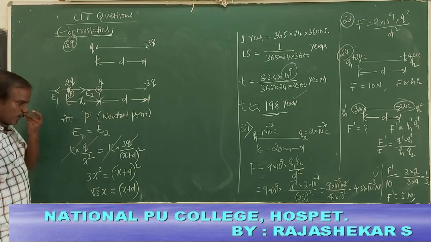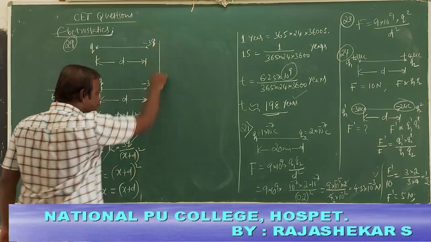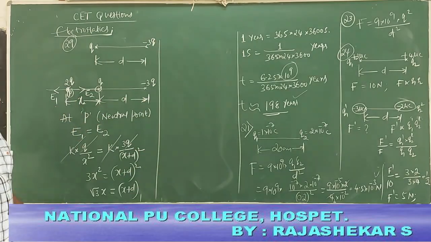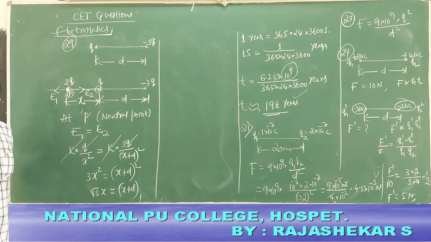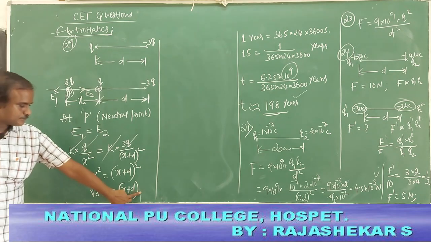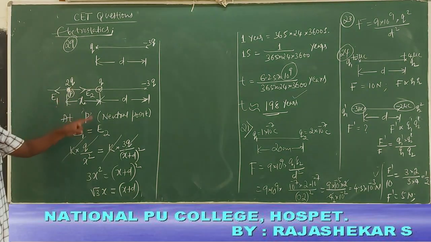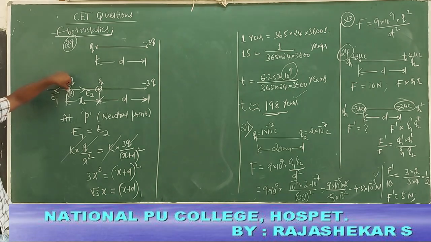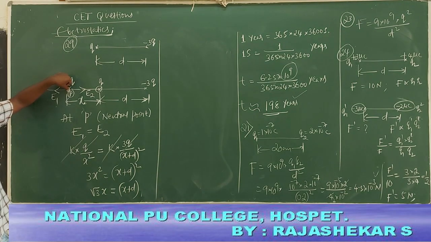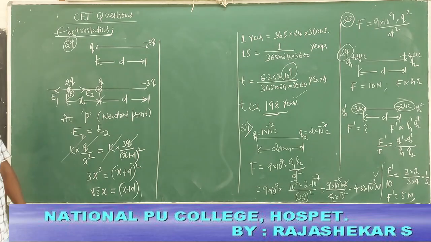Our aim is to solve for X. Observe carefully. Observe the calculation. We located the neutral point, and it is always near the smaller charge. For unlike charges it is on the other side of the line joining, and for like charges it is in between the line joining.